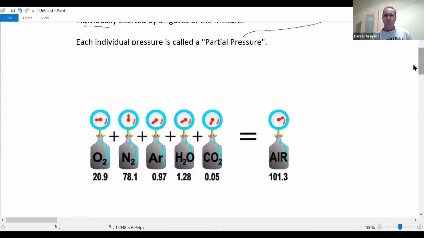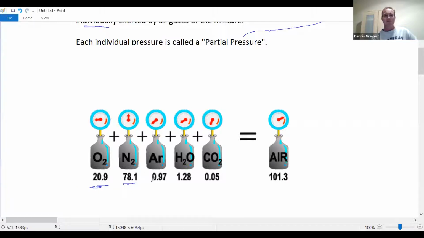Air is a mixture. So we can talk about right here in your room. Take a deep breath. What are we inhaling? Well, a majority of it is actually nitrogen gas. And the next major component of air is oxygen, and that's the one we require. But air is not just pure oxygen. Nope.